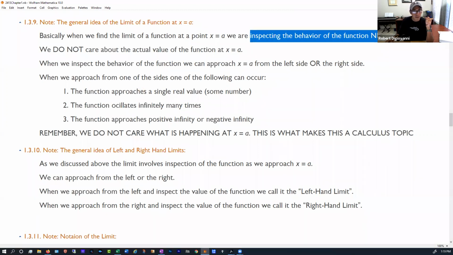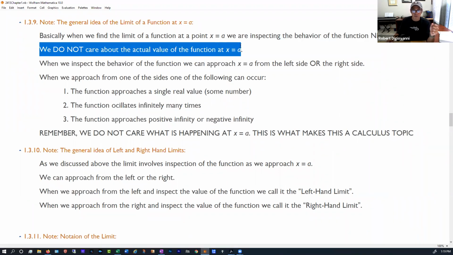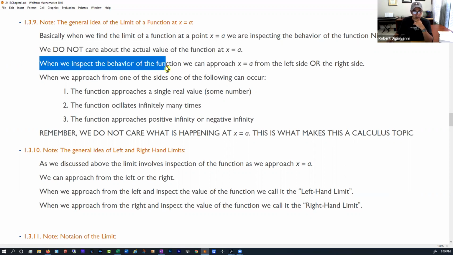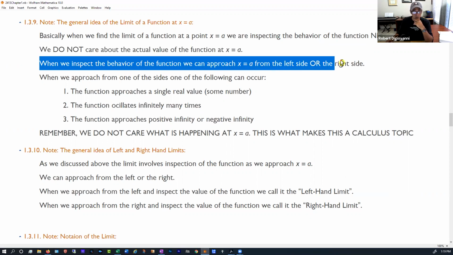We do not care about the actual value of the function at a. We don't care, okay? It's what's happening near it. We're going to look at both sides to see what's happening.